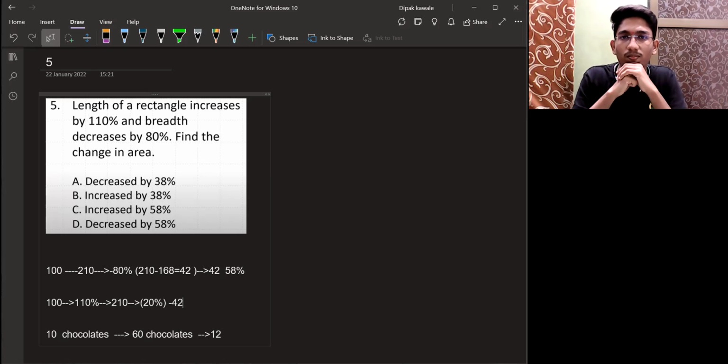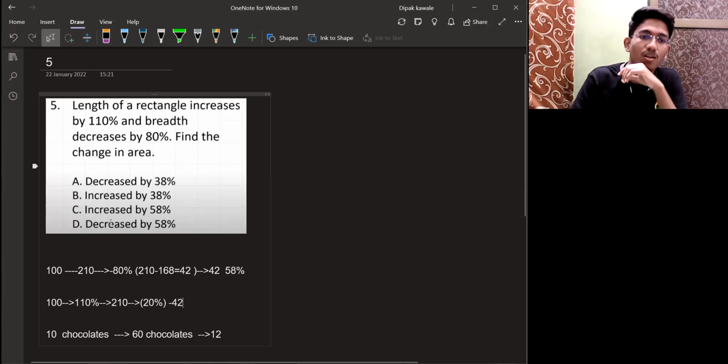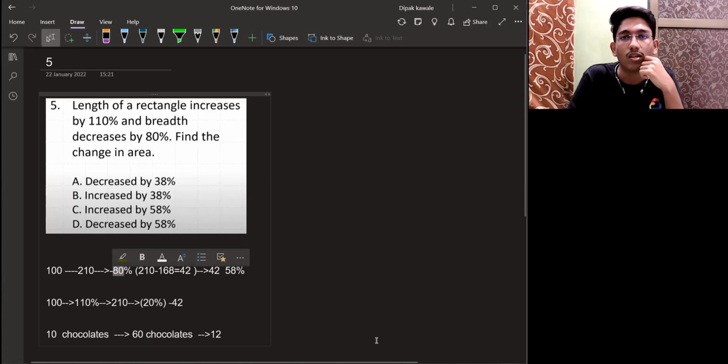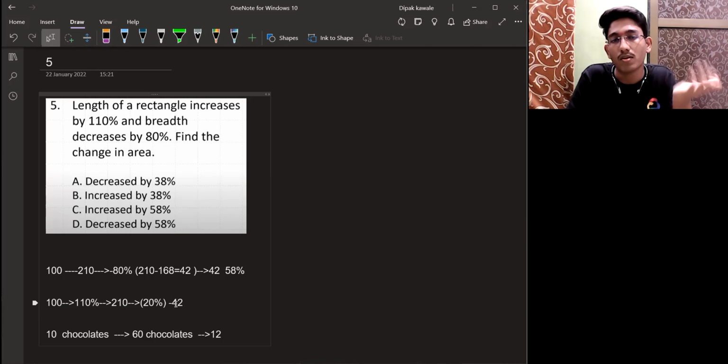Simple. Instead of doing that 80%, see that it took us a lot of time to find 80% of 210. Maybe some of you have used a calculator for that. But as I have promised you, we have to solve all the problems within 5 to 10 seconds and without touching the pen. Then by ourselves we have to figure out how we can simplify the calculation.